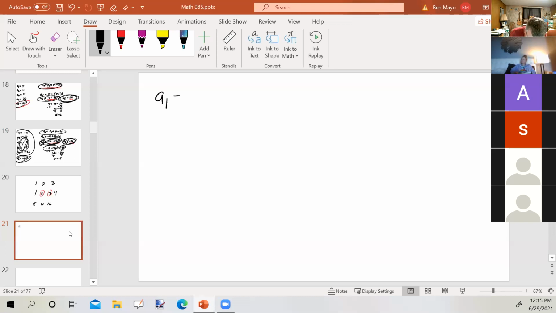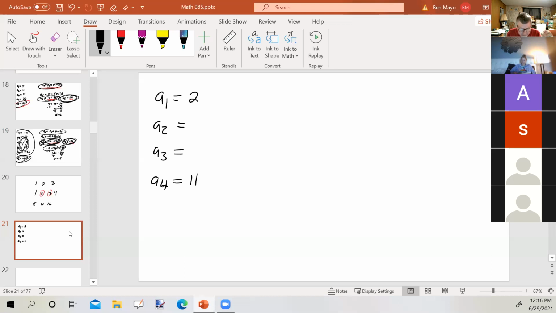So my first term is 2. My last term is 11. But what is the subscript of the last term? Well, it says put in 2 arithmetic means, so that means there's going to be 2 of them in the middle. My first term is 2, my last term is 11. Since they want 2 arithmetic means, my first term is 2, my fourth term is 11.